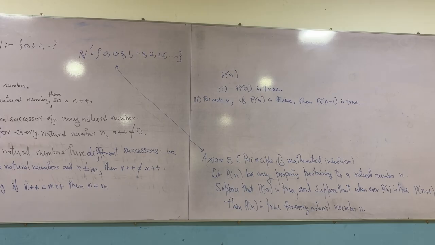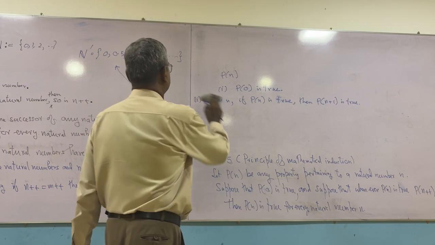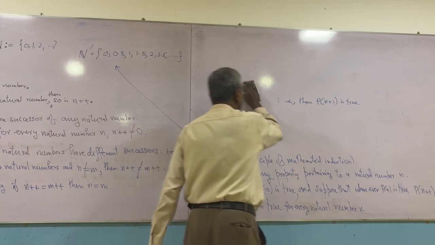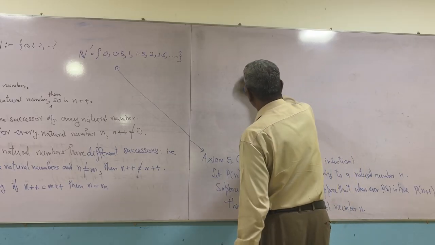This is not a proof. A certain property P n is true for every natural number n. Suppose you, let's wind up a very simple one. Very, very simple one. You all can do. Very simple.